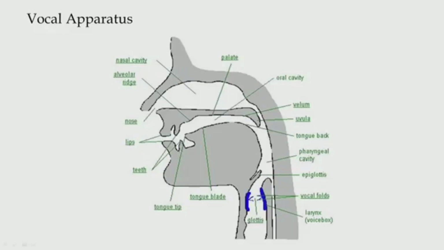So the tip of the tongue curls back and flaps this region, the alveolar ridge, and therefore we get sounds like t, d.